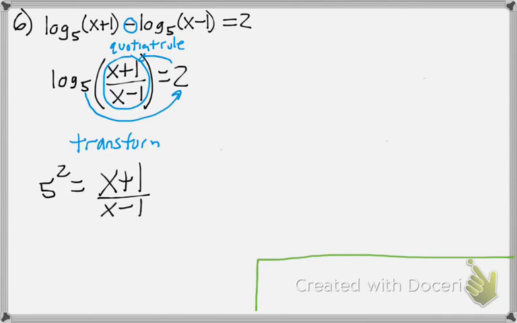Now 5 squared is 25, and for this problem I am going to solve it like a proportion, which means you're setting two fractions equal to each other, and I want this to be expressed as two fractions, so I'm going to call this 25 over 1.